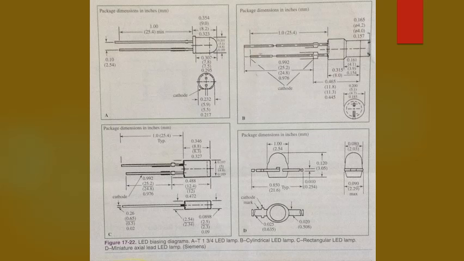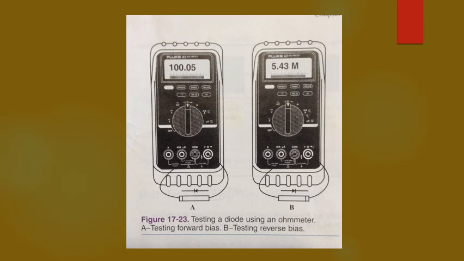Testing diodes. You have learned that diodes with a forward bias direction have a low resistance to current. A reverse bias direction has a high resistance.